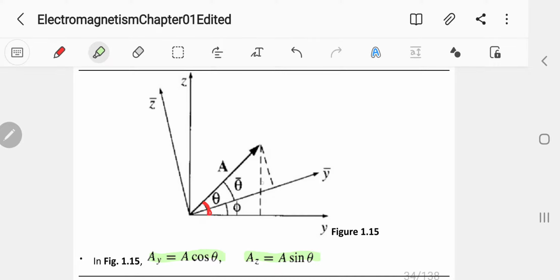So you have your new coordinate system here, and the angle now here would be theta bar, and of course theta bar here is equal to theta minus phi.